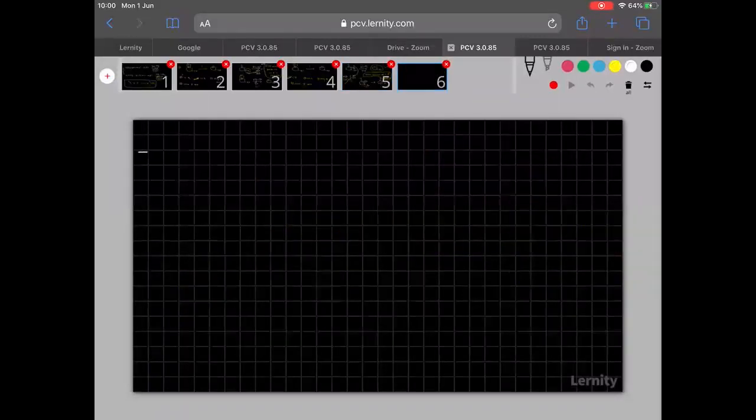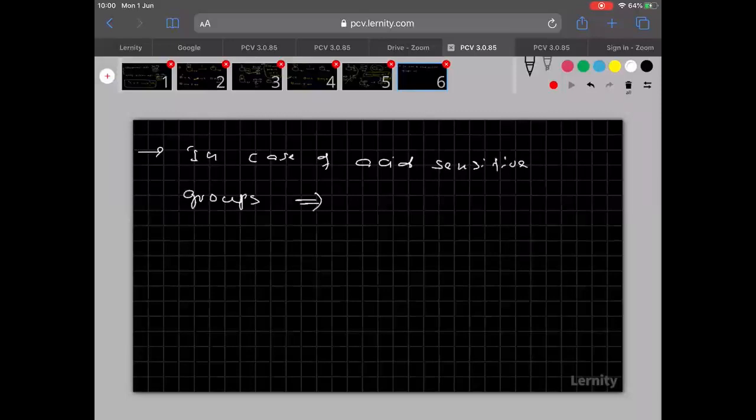In case of acid sensitive groups, Wolff-Kishner is preferable. You may ask me, acid sensitive means what? For example, let us take one group X. If it contains a lone pair, then it is called acid sensitive.